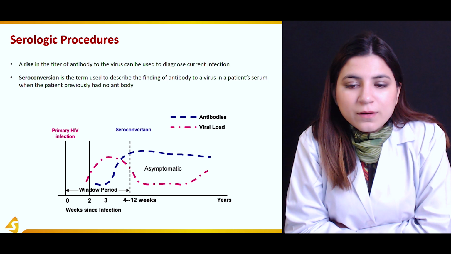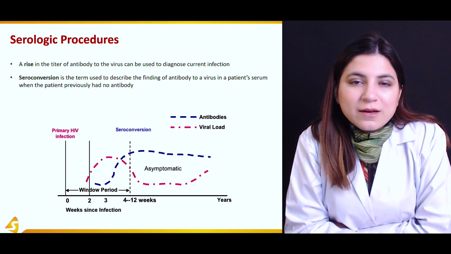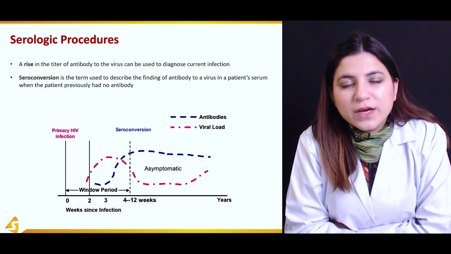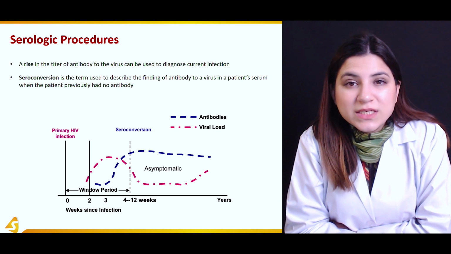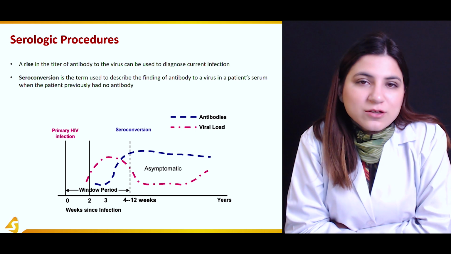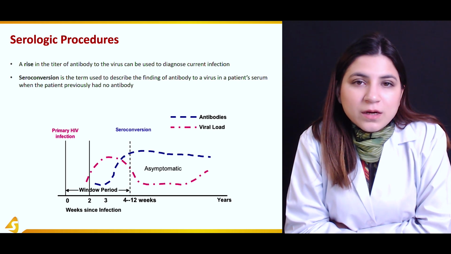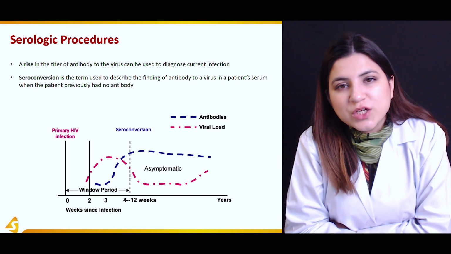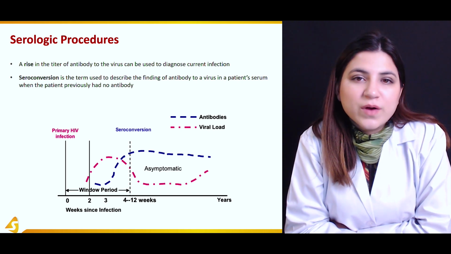After a certain period of time, we can actually identify the antibody rising inside the body, and that titer of antibody will identify that yes, there is a current ongoing infection, and we can diagnose the virus according to that antibody titer.